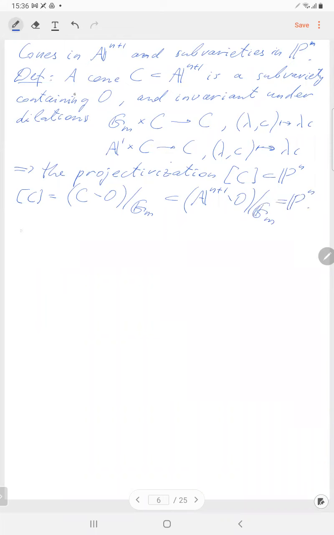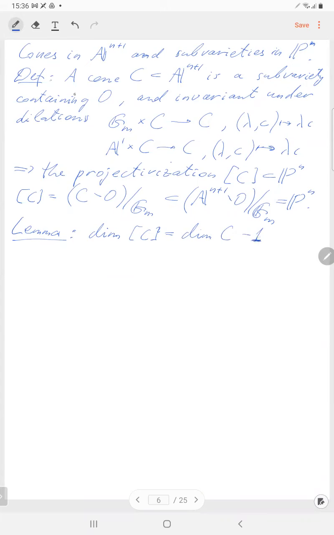Okay. Now we'll need the easy lemma that the dimension of the projectivization is the dimension of C minus 1.